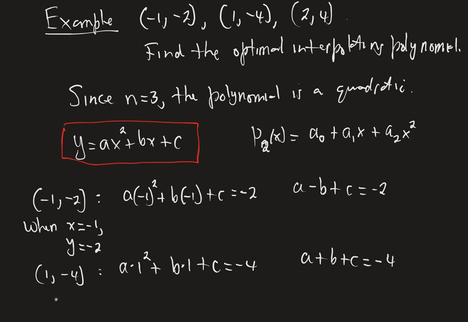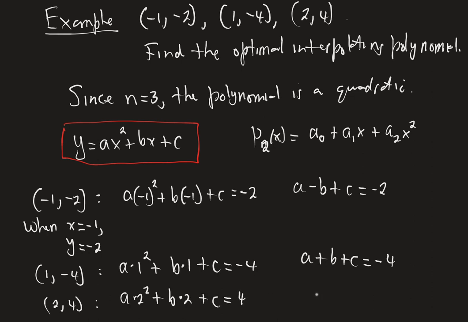Finally, using the third ordered pair, 2, 4, plug 2 in for x and 4 in for y. We're going to have a times 2 squared plus b times 2 plus c, which is equal to 4.